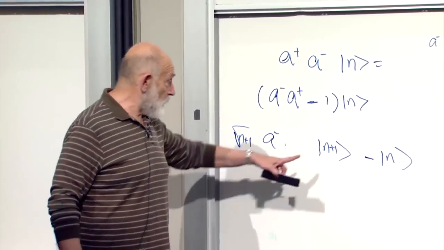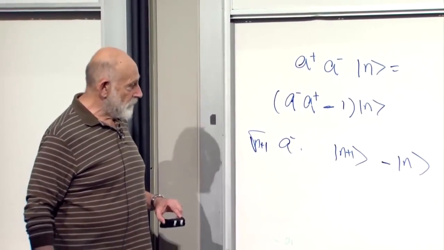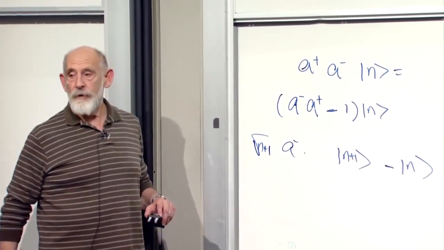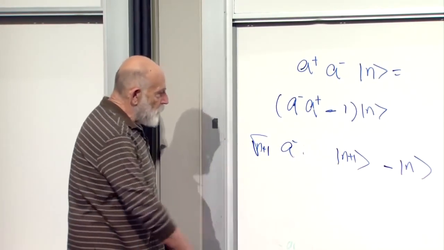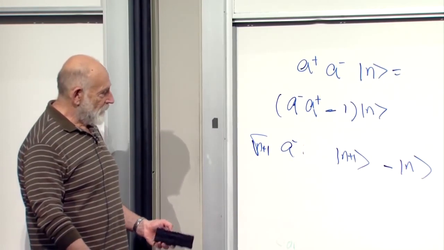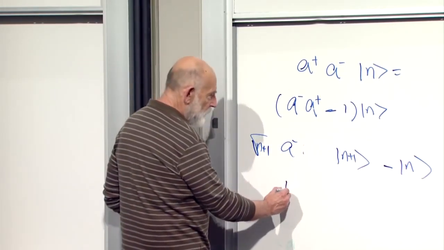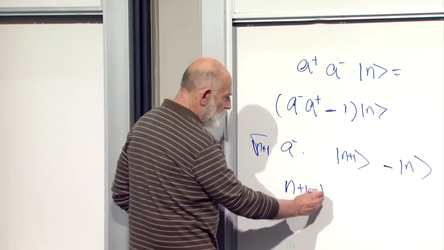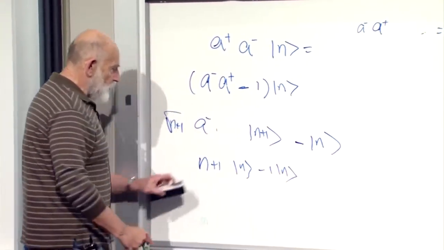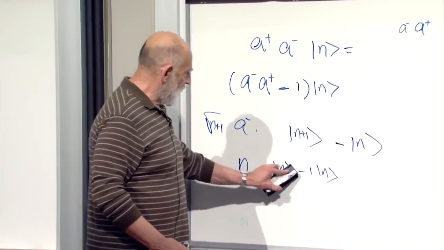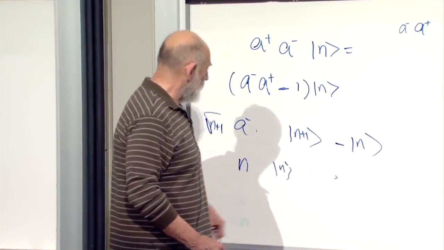It gives us n, but what's the numerical number? Square root of n plus 1, right? So we get two square roots of n plus 1, which gives what? N plus 1 times n, which is just good old n times n.